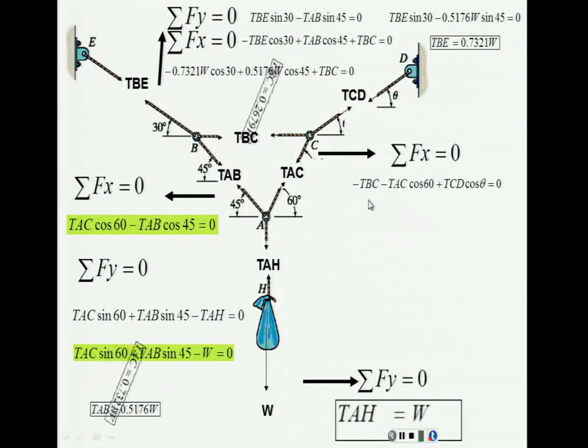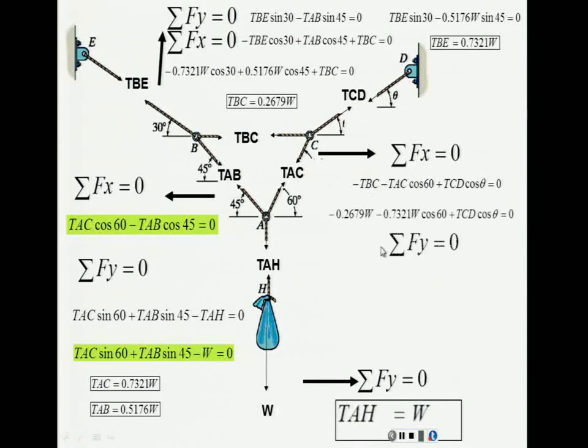And now you do summation of forces. Well, basically you know this and you know this, you plug them in and you simplify your equation. Remember cosine 60 is a number, it's 0.5. You can multiply 0.5 times this and add it with this one, and then you have an equation, but your unknowns are still going to be TCD and cosine theta.